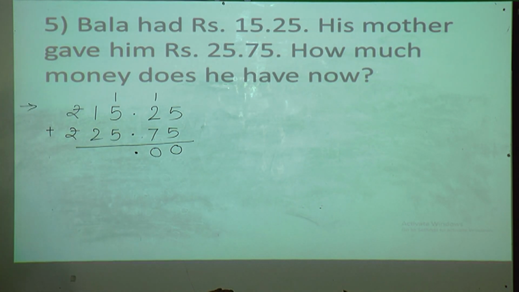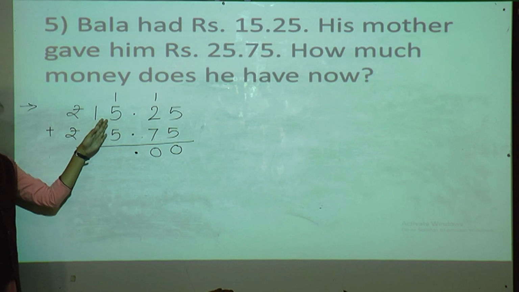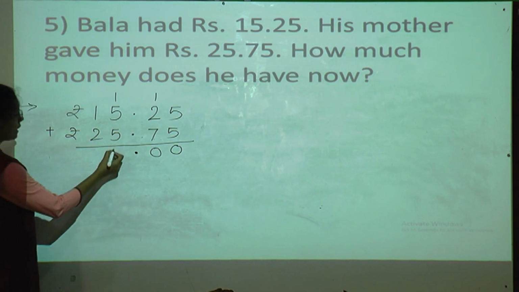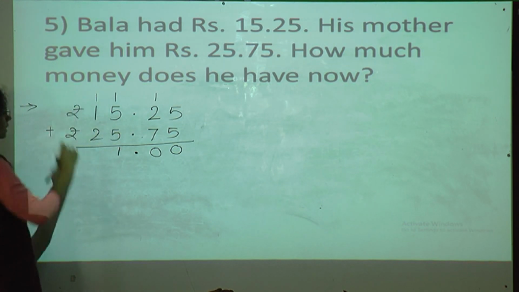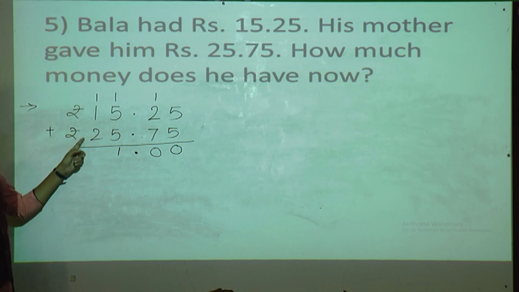Okay, now see this column here: 1 plus 5, 6. 6 plus 5, 11. So here we'll write 1 and 1 will go as a carry. Then see the next column, that is 1 plus 1 plus 2. 1 plus 1, 2. Then again in that we have to add 2.